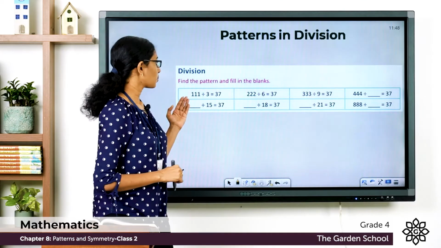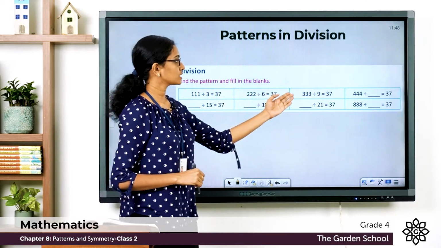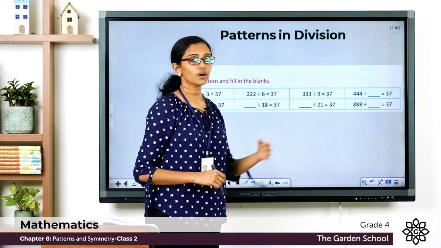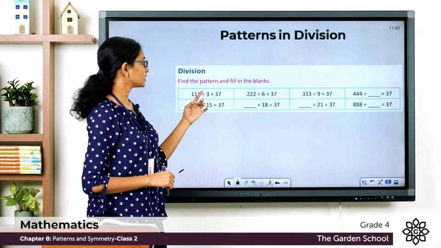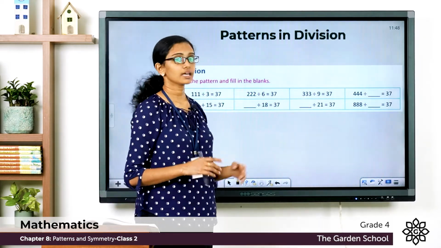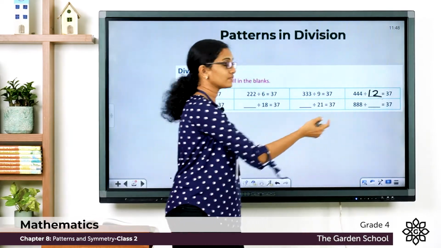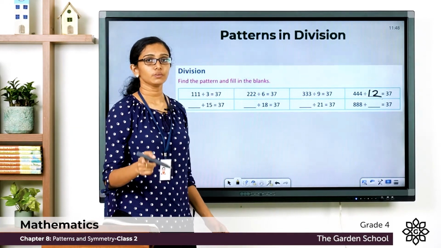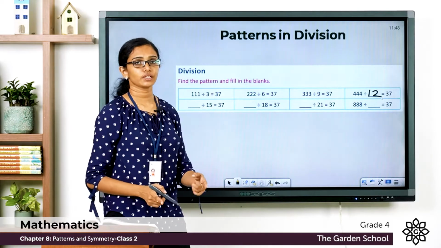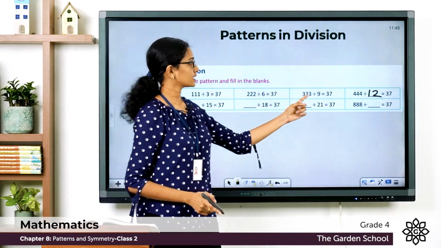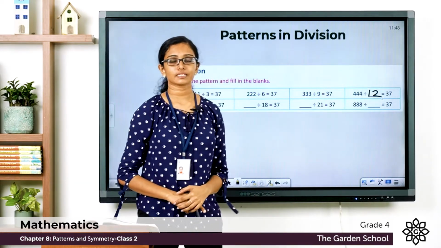So it is 111, 222, 333, 444 and the divisors are 3, 6, 9. The next would be 12. So the divisors follow a pattern which is the multiplication table of 3. 3, 6, 9, 12 and the quotient remains the same.